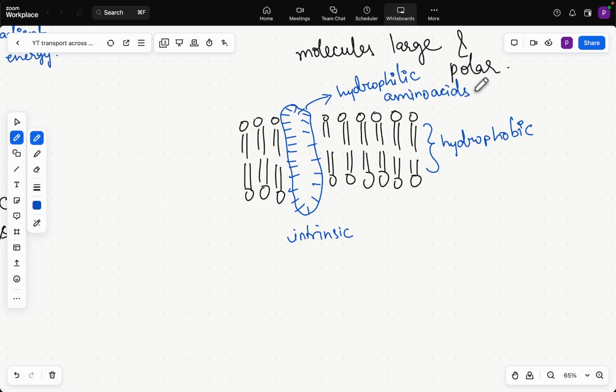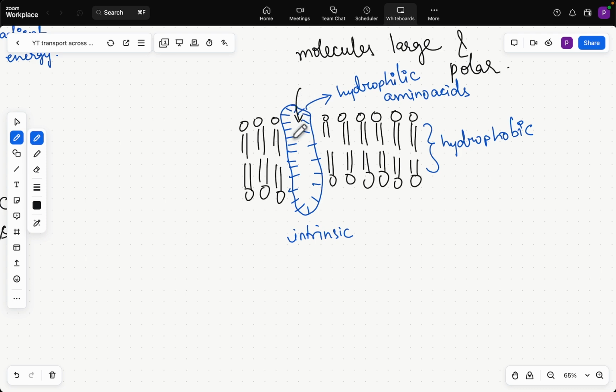Imagine if hydrophobic amino acids were facing this outside part, then what will happen? The polar molecule that is entering will not be able to cross through this protein either, because that is the only reason why this polar molecule is not able to cross this part, right? Because there is a hydrophobic part. So if it is the same case with this protein also, then obviously it will not be able to pass through this protein also, right?